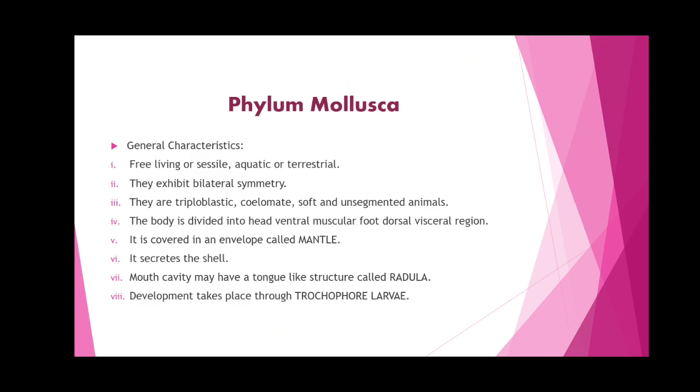So if we talk about the snail, the coiled part is the visceral region which contains the soft organs, and above the visceral region is a mantle, and below will be the muscular foot which will help in the movement of the organism.